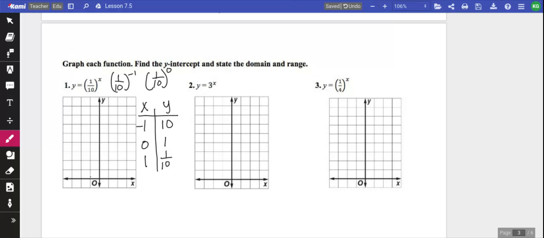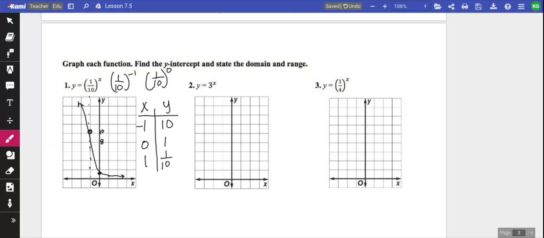So we have -1, 10, 0, 1, and 1, 1/10. So this one is exponential decay. And what it's actually going to do is get really close to the x-axis, but never cross it.